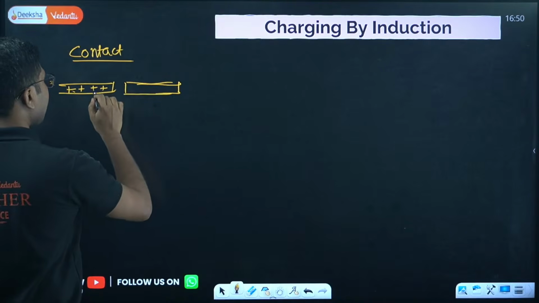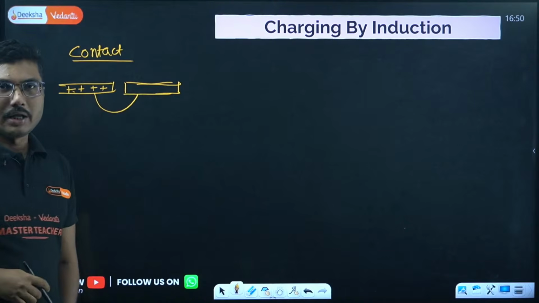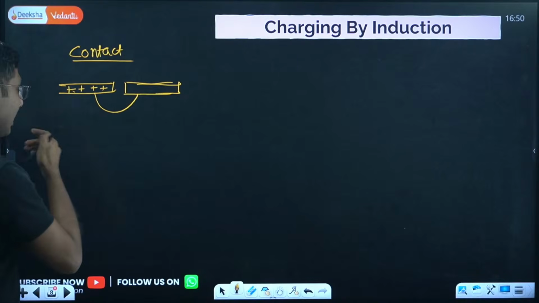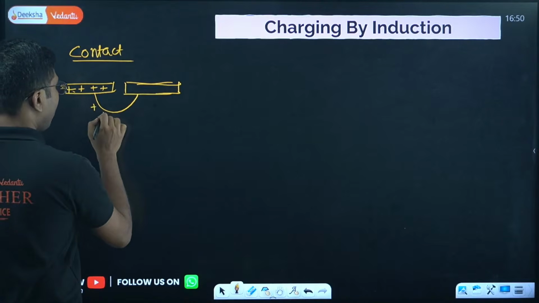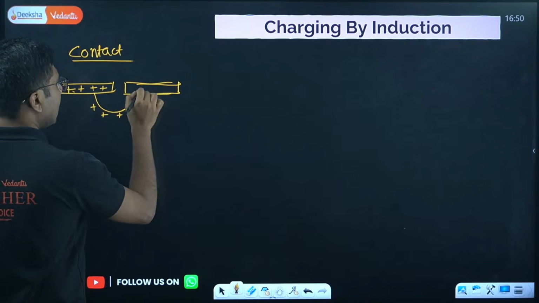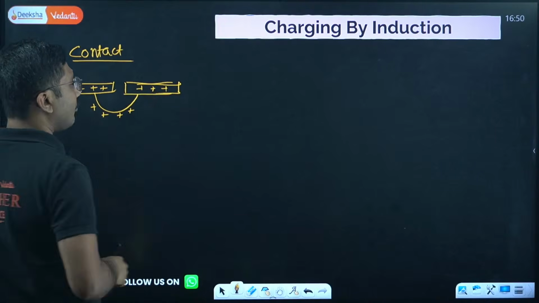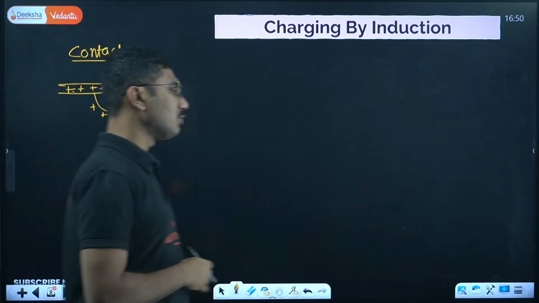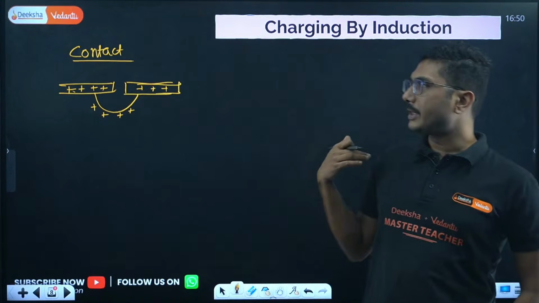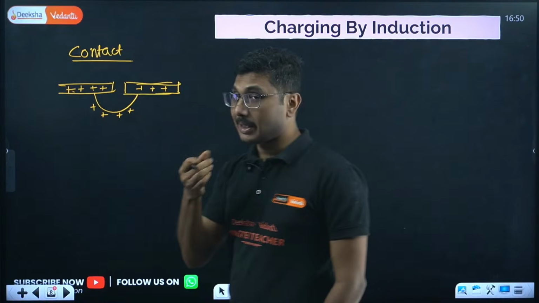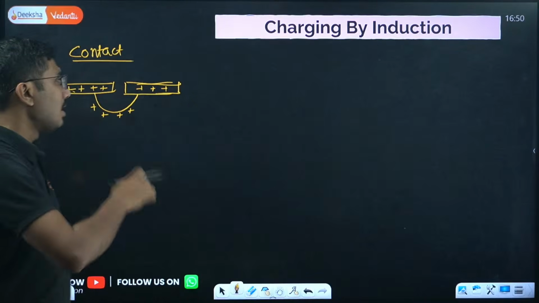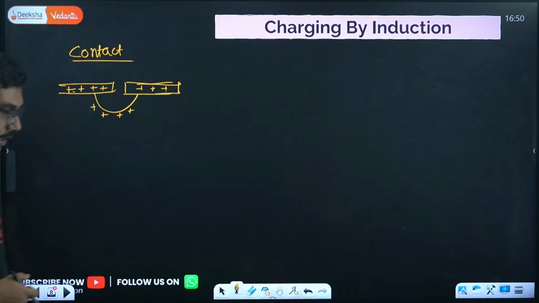If you connect them using some conducting wire, some charges from this object will flow into the second object. Now this second object will also be charged. So this is the method of contact, or charging by conduction. Conduction obviously refers to contact, right?